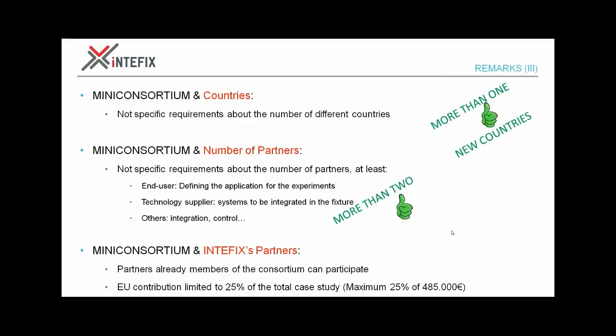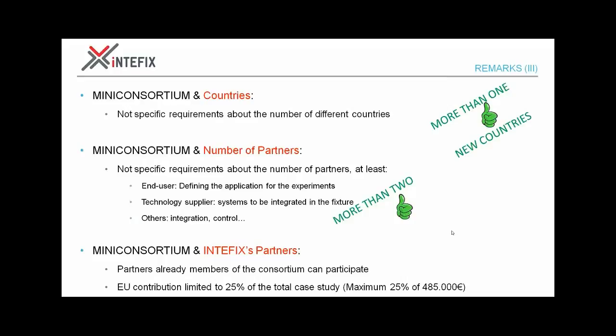Okay, regarding the partners and the different components of the mini consortiums for the definition of the proposal or case study. Regarding the different countries, normally in European projects you have to include 3 partners from 3 different countries.